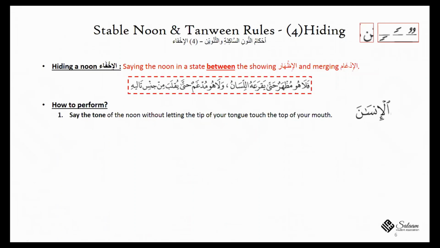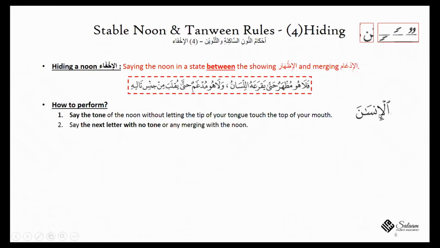If you say the N, the noon, you will notice that the tongue is touching the top of the mouth, and you have a tone coming out of the nose. So what we will do is keep the tone, but not make the tongue touch the top of the mouth. This is how to perform ikhfa, and it will be clear by example.